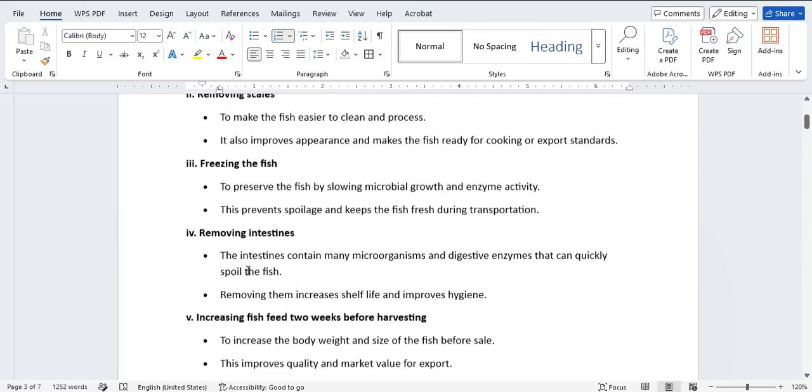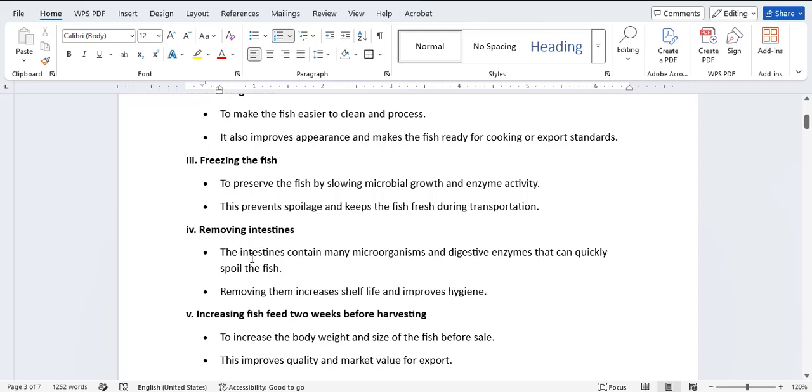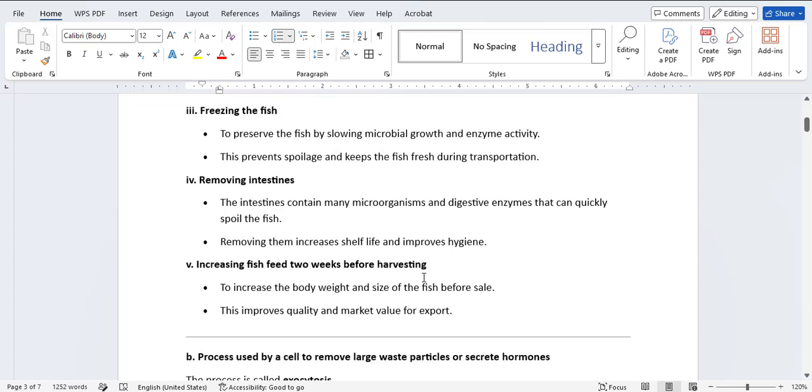Then removing intestines. The intestines contain many microorganisms and digestive enzymes that can quickly spoil the fish. Removing them increases shelf life and improves hygiene. In most cases, this is done for the reasons above, though some people may leave them to probably increase the size or the mass of the fish when it's being weighed.